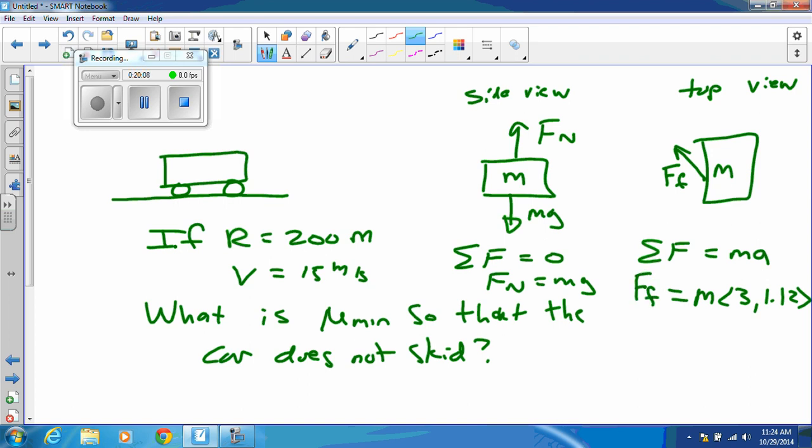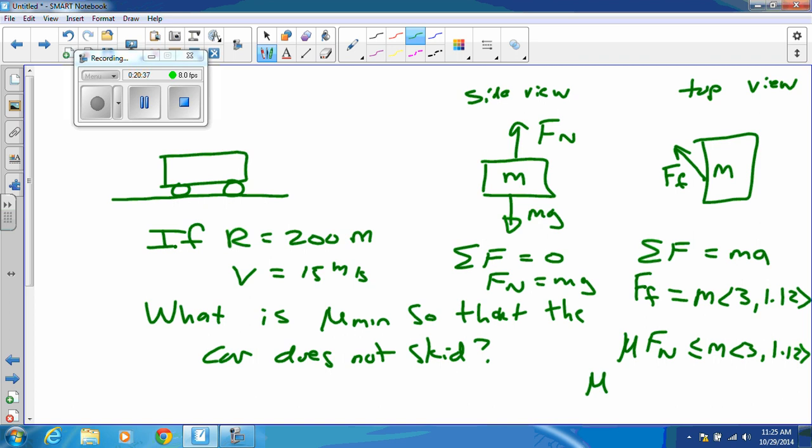Well, now I also know that this is the one single force of friction, and I know that the force of friction is less than or equal to mu times the normal. And that inequality is going to hold for each component.